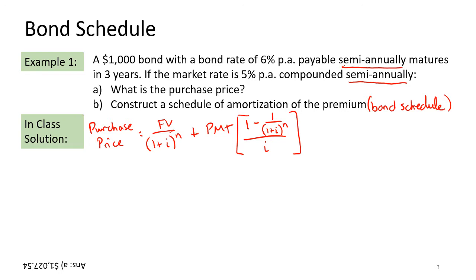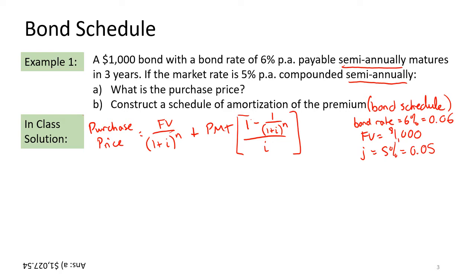So starting with our sidebar on the right, our bond rate is 6%, which is equal to 0.06. Our face value, in this case, is $1,000. Our nominal interest rate, or the market rate, is equal to 5%, which is 0.05, converting to a decimal.